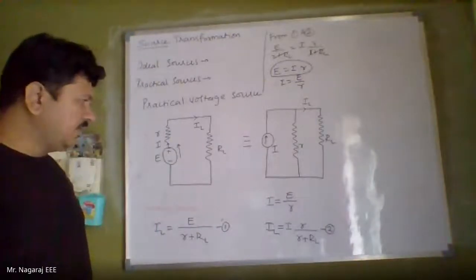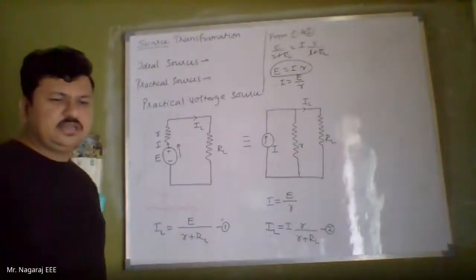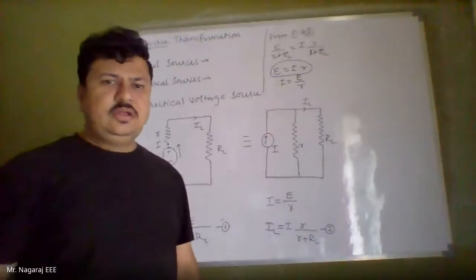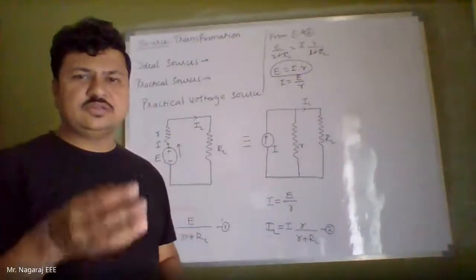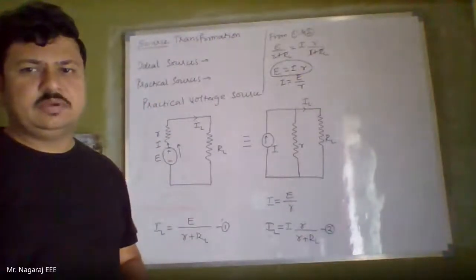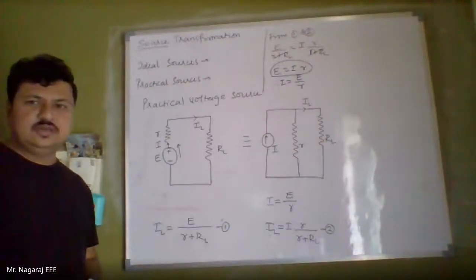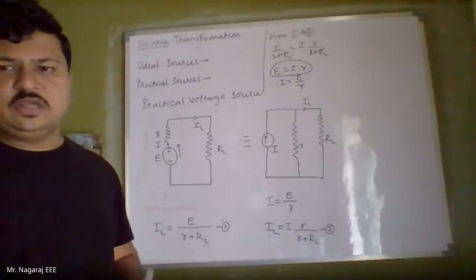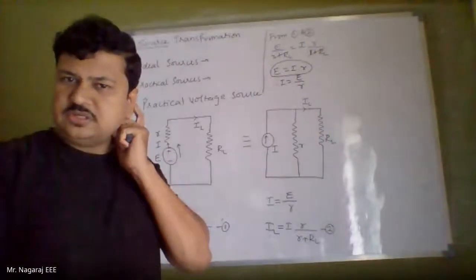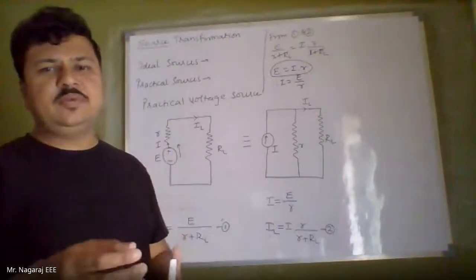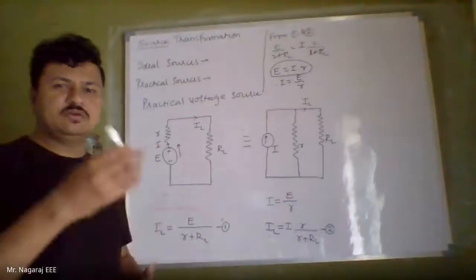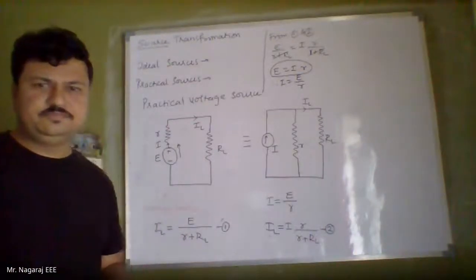Now, generally when we go for circuit analysis, it is not mentioned every time whether the sources given are ideal or practical. Generally, if any resistance falls in series with the voltage source, I consider it to be an internal resistance and I can do source transformation using that.